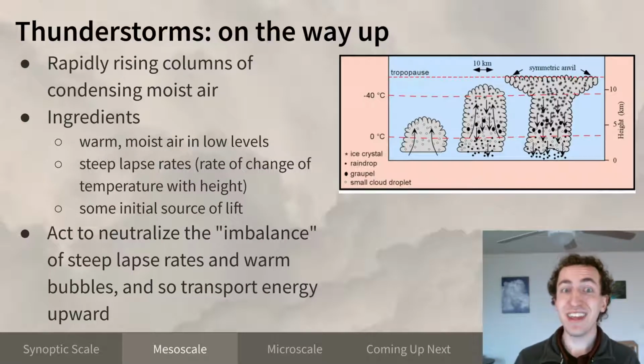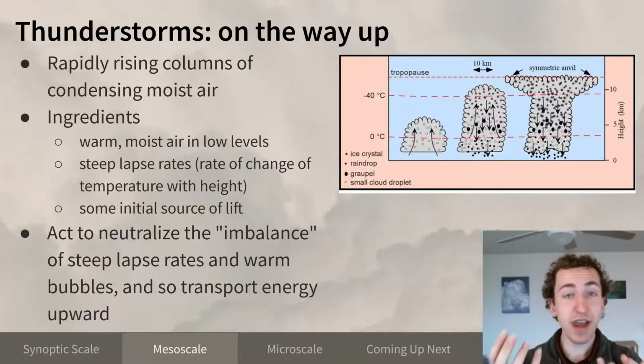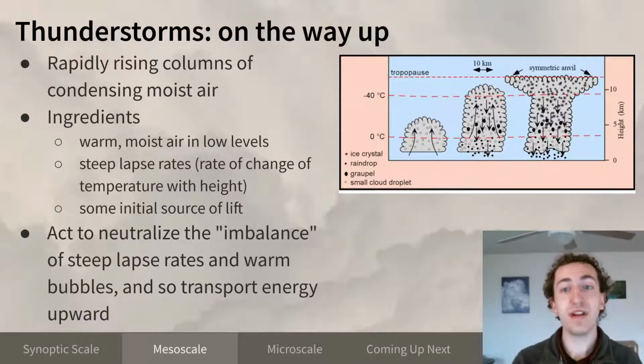So one of the key mesoscale phenomena that we care about are thunderstorms. And really what thunderstorms are is that they're rapidly rising columns of moist air that condenses to form liquid and ice that make up a cloud. And because they're rapidly rising so much and they have all of that energy, they end up going up.